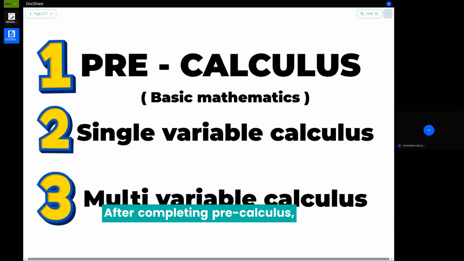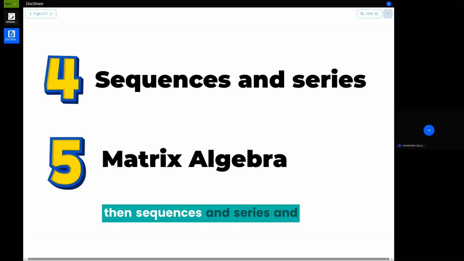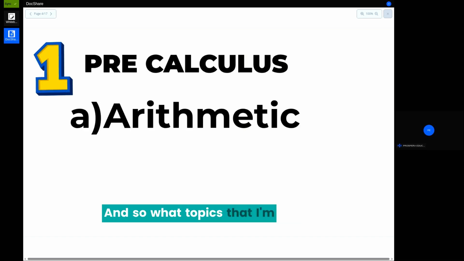After completing pre-calculus, I'll move towards single variable calculus and then multivariable calculus and then sequences and series and matrix algebra.